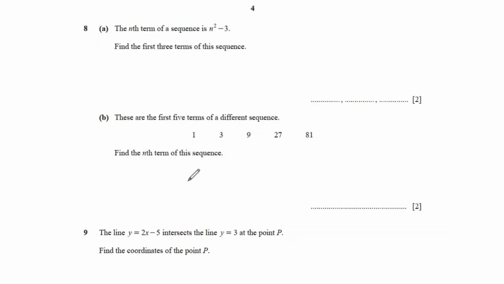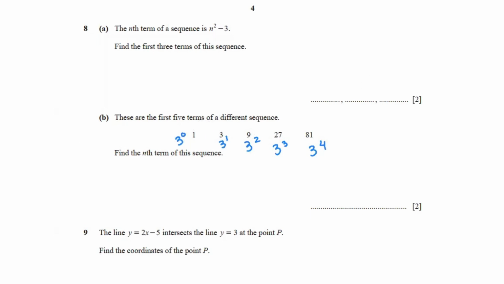So if you notice, it's basically 3 being raised to the power of 1, 2, and 3. 3 to the power of 1, 3 to the power of 2, 3 to the power of 3, and 3 to the power of 4. Now, what is 1? If you remember your rules of indices, anything raised to the power of 0 is equal to 1, which means the first term is 3 to the power of 0.